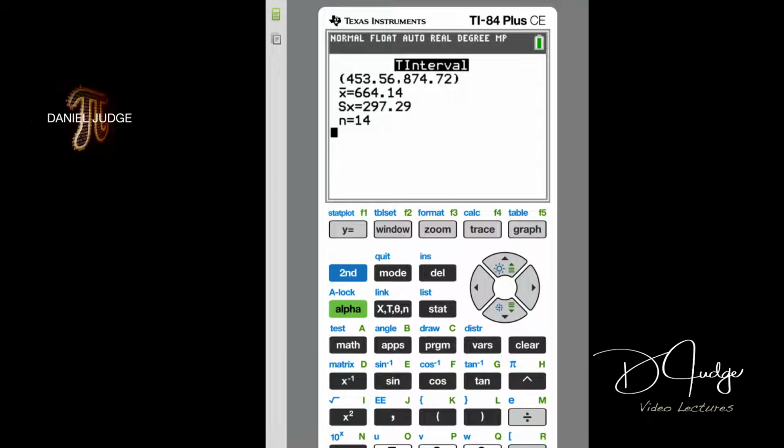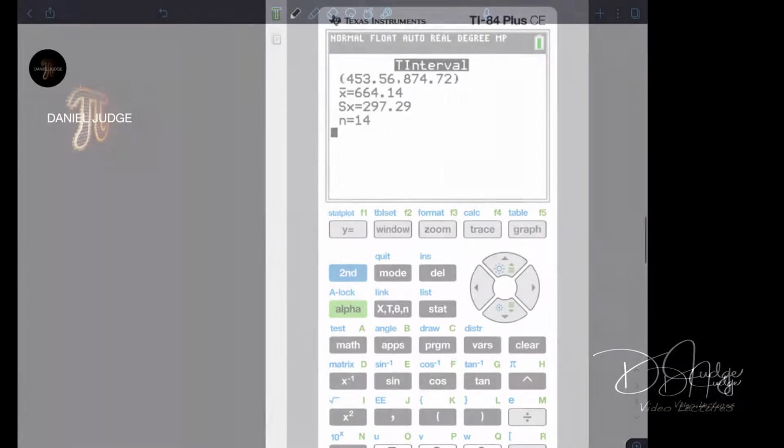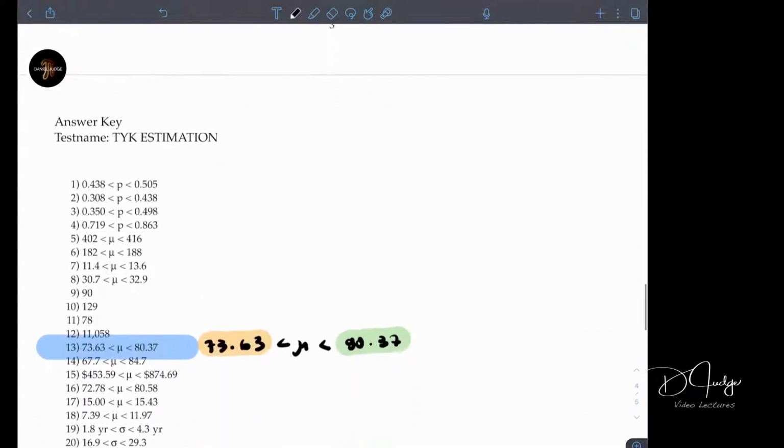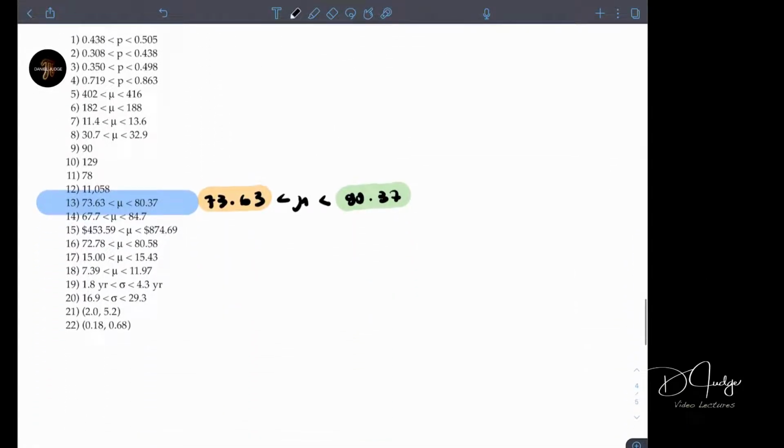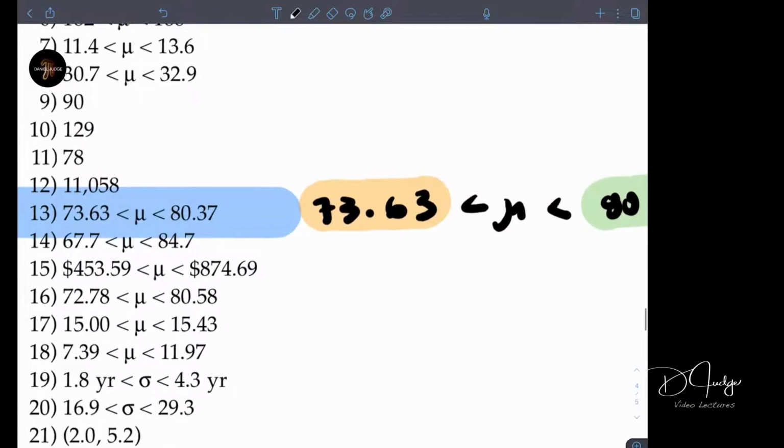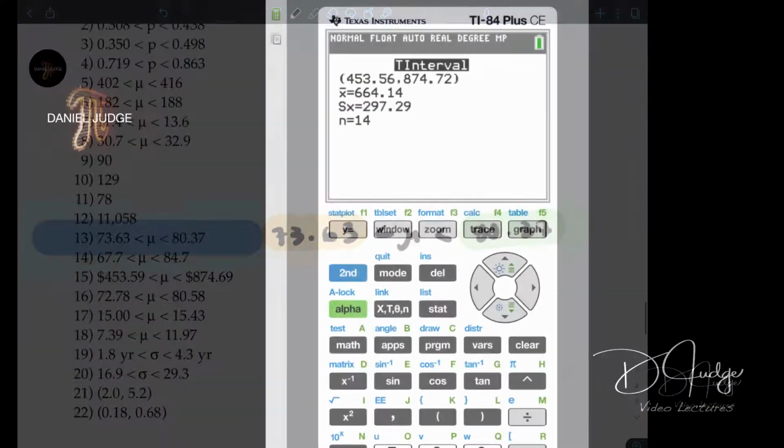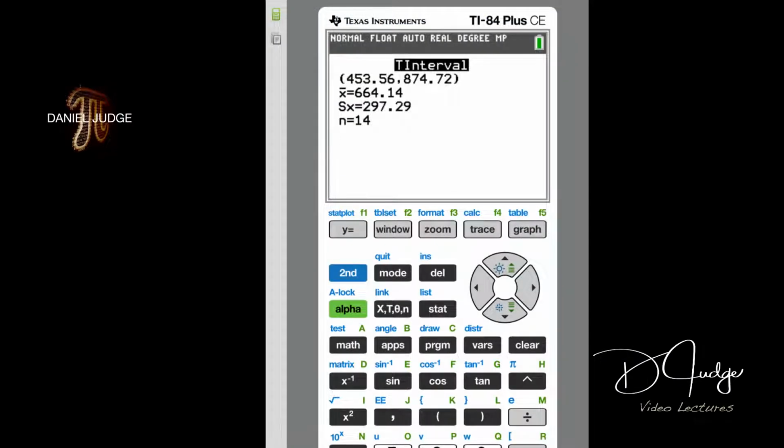Now, for number 15, again, I don't know what they went out to. But if I scroll down to the solutions for number 15, it looks like they went out to the nearest penny because that's in the hundredths position. So let's do the same, nearest hundredths. 453 point, looks like it's 5.6, less than mu, less than 874.72.